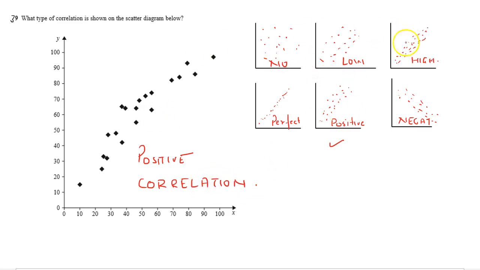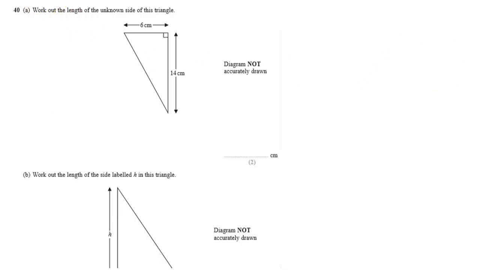A student must know these 6 types of correlation. If it is a curve, then it is a curve correlation. But in your syllabus, you should know about these 6 types of correlation.